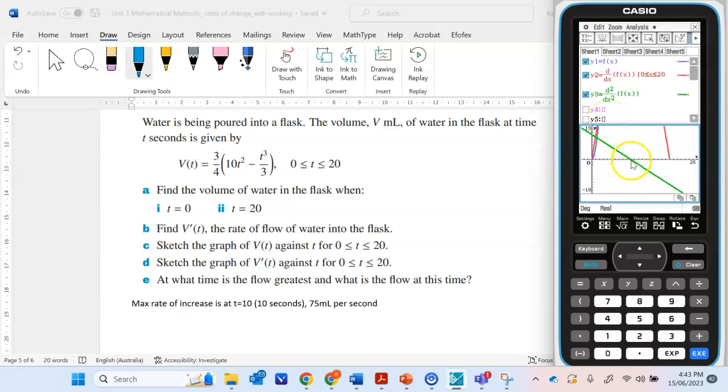There we go. All right, so can you see where it's crossing your x-axis? So that is where your turning point of your derivative is. Okay, so that should be 10.